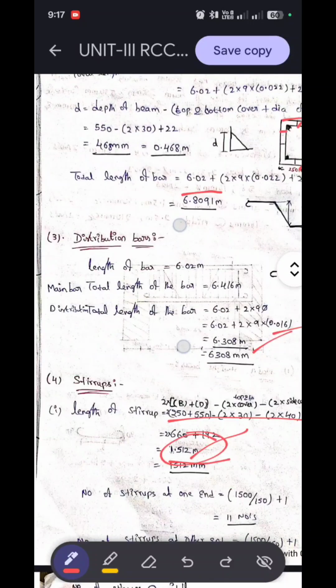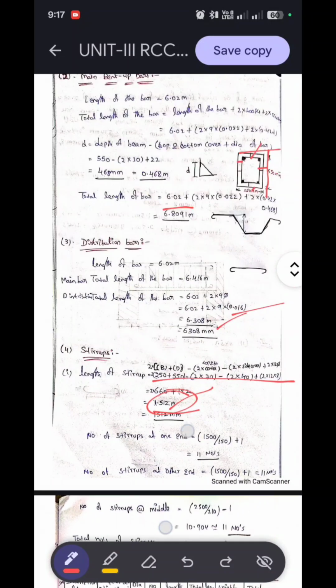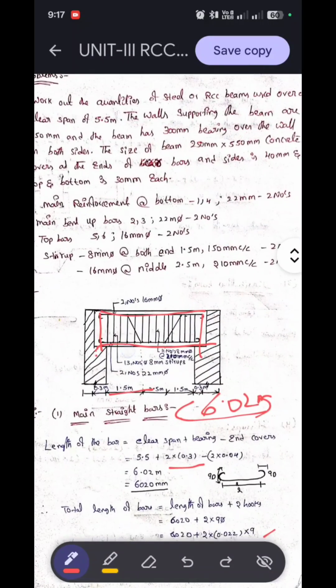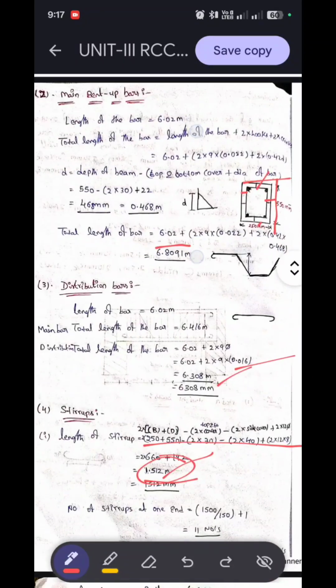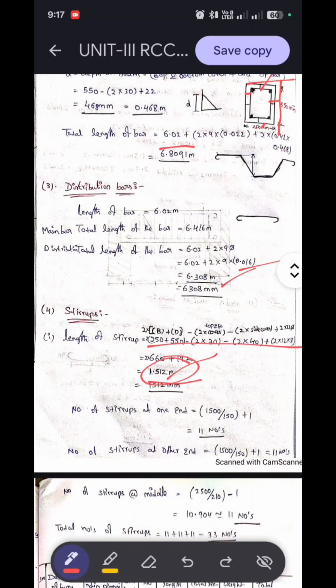So the length is 1.5 meter divided by the spacing at both ends, 150 mm center to center. So that's why 1500 divided by 150, plus 1.